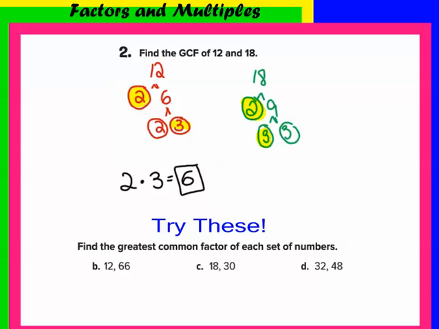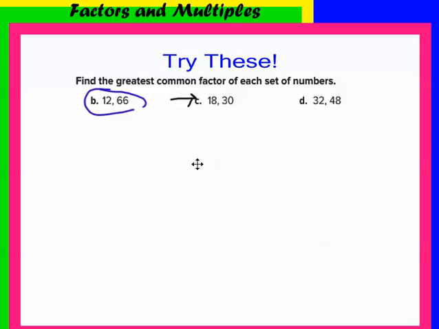Let's try this again with 12 and 66. Now we've already completed the factor tree for 12, so this one will go fairly quickly. We know it's 2 times 6, and 6 is composite, and that breaks into 2 times 3. And now let's do the factor tree for 66. And you might initially think that this is going to be a big factor tree, but once we get started you realize that sometimes they're smaller than we realize.